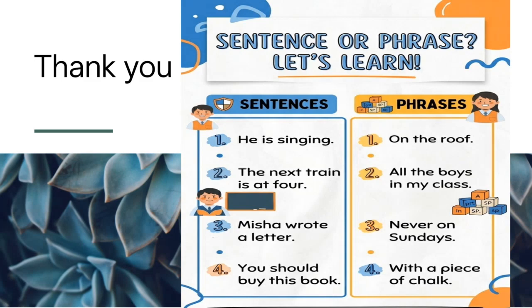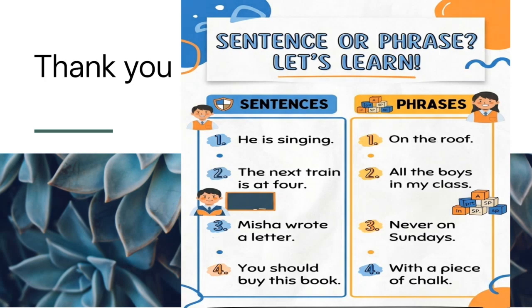Misha wrote a letter. See, Misha is the subject and wrote is a verb. That means both subject and verb are present in this sentence. But in a phrase, remember, both subject and verb cannot stay together.